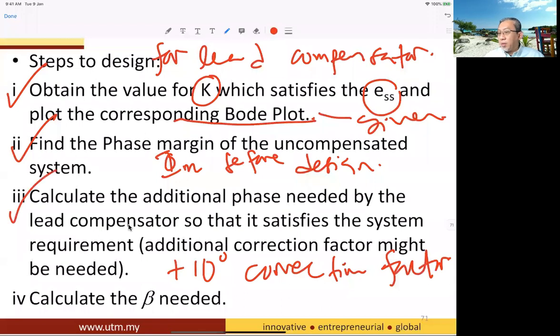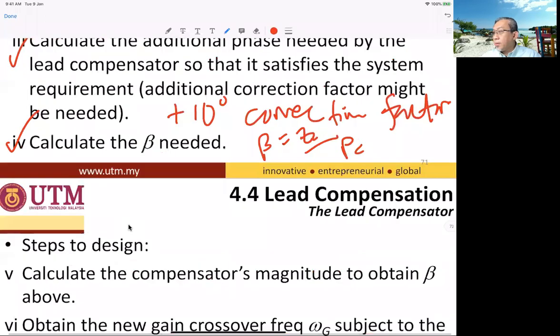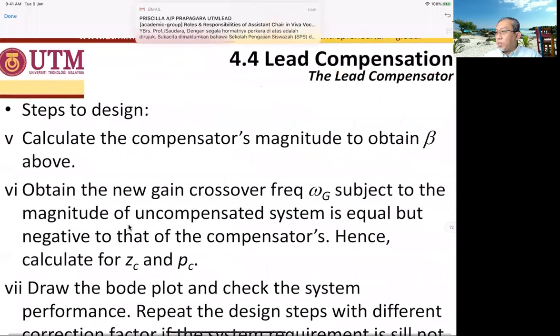That is number 3. Number 4 is you have to calculate the beta. Okay, so beta is ZC over PC. Find the ZC and find the PC. ZC and PC are the break frequencies. Okay.